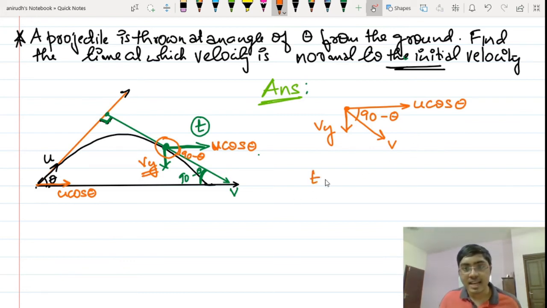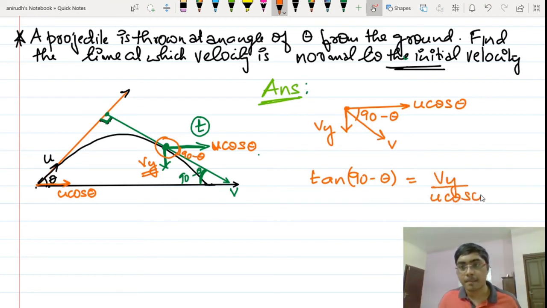So what is tan of 90 minus theta? In this image it is opposite side by adjacent side, so Vy divided by u cos theta. And tan of 90 minus theta is cot theta. So cot theta is equal to Vy by u cos theta.